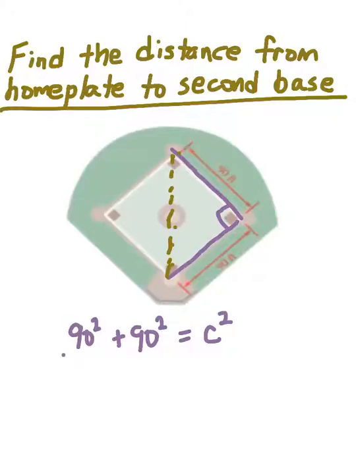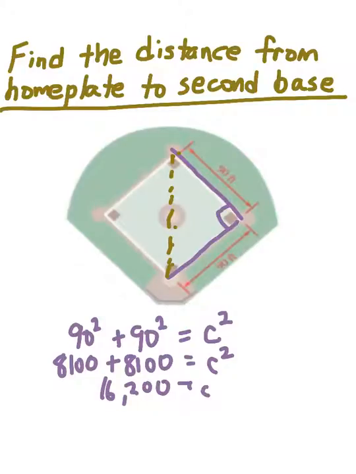And what we have here is 8,100 plus 8,100 equals c squared. So that's 16,200 equals c squared. We know that 16,200 is not a perfect square, so c is equal to the square root of that. We'll have to use our calculators for that.